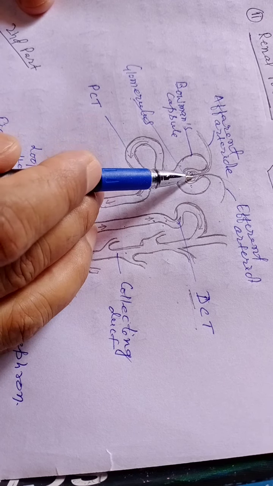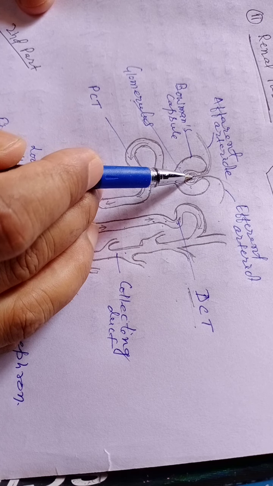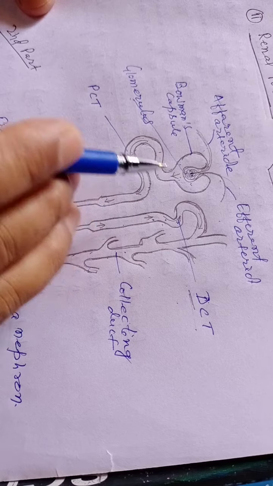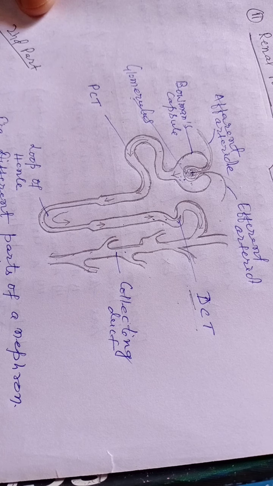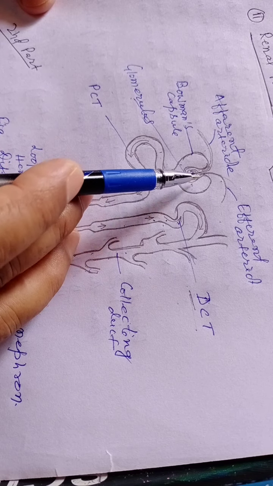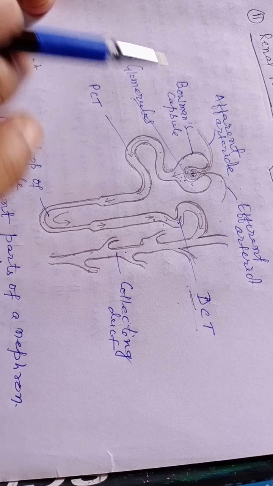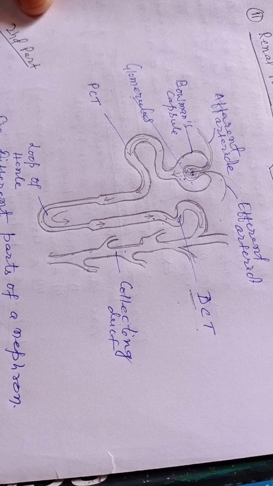So upon the pressure exerted by the blood vessels, this filtrate is called glomerular filtrate, and this filtration takes place within the glomerulus. This is why it is called glomerular filtration.